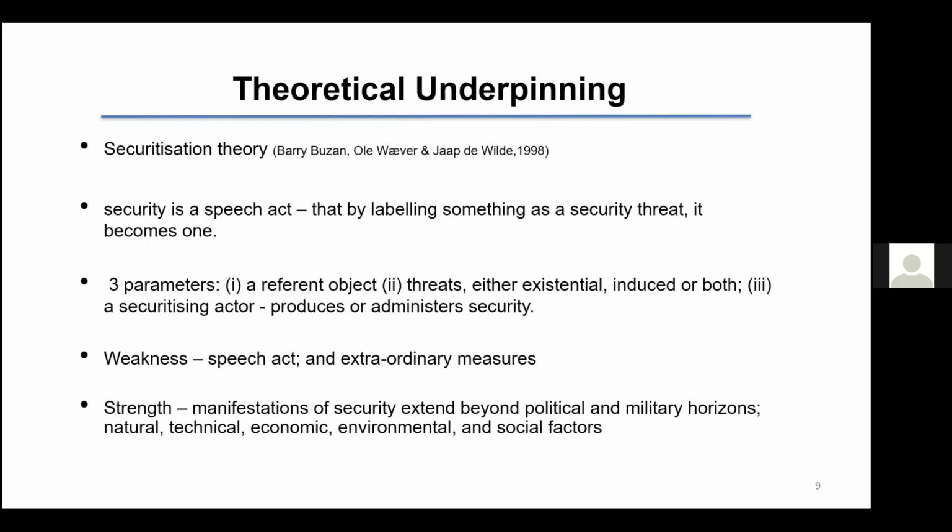One, there must be something which appears to be threatened and needs protection, which they call a referent object. In our study, it is electricity. Two, security from what? It means there must be some threats or danger, either existing or induced or both, that need to be tackled and that require security measures.